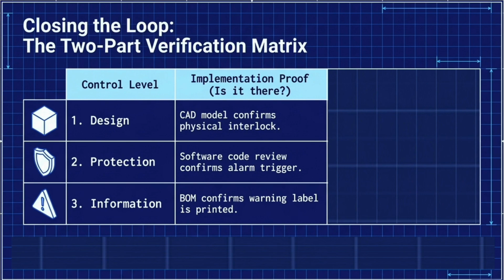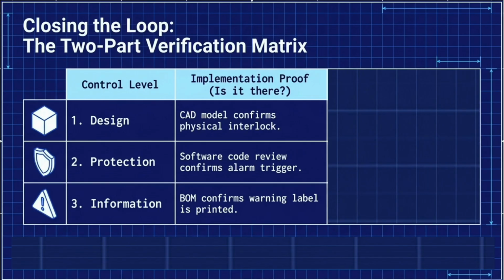For the second layer of protection, protective features, let's say we have an alarm that's triggered by the software. So you have to verify that the code is there. And also for the warning labels, we have to confirm that there is a process, like the bill of materials that lists the labels to be printed.